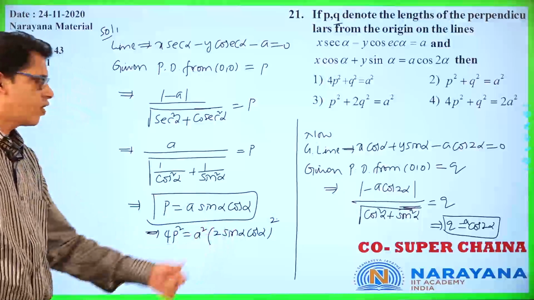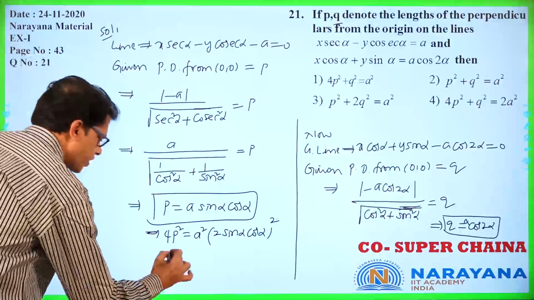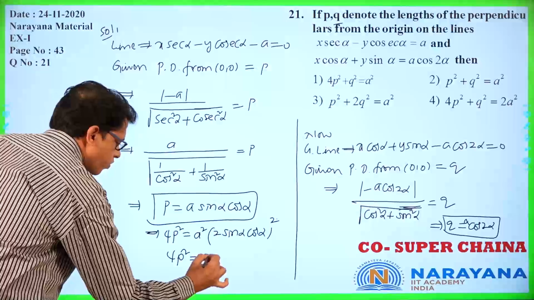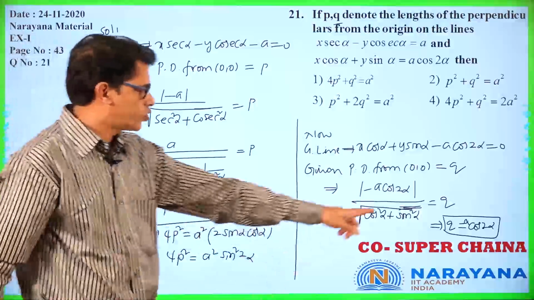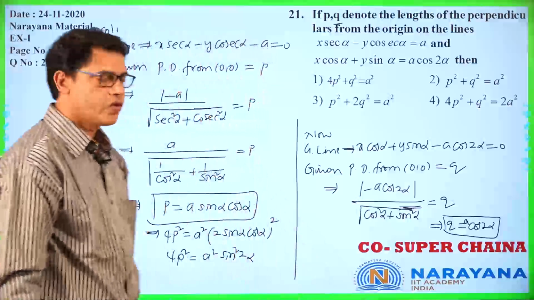Now it is sin 2 alpha whole square. So 4P square equals A square sin square 2 alpha. Therefore Q square equals A square cos square 2 alpha.